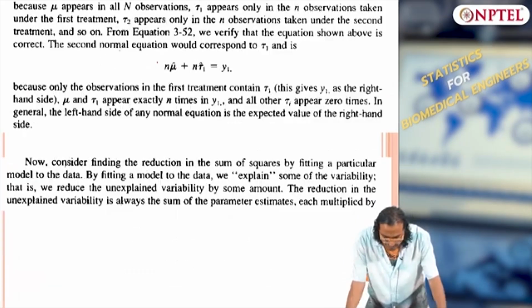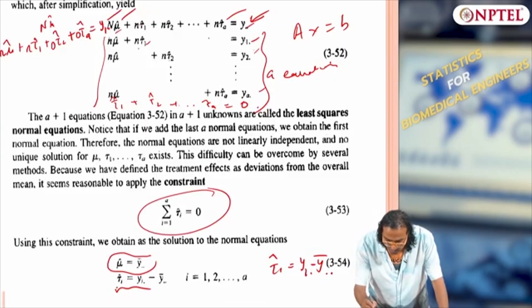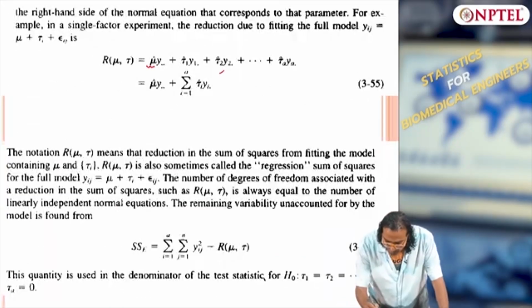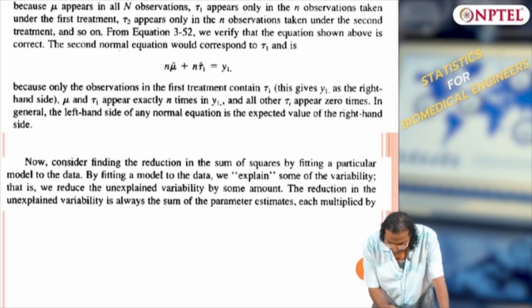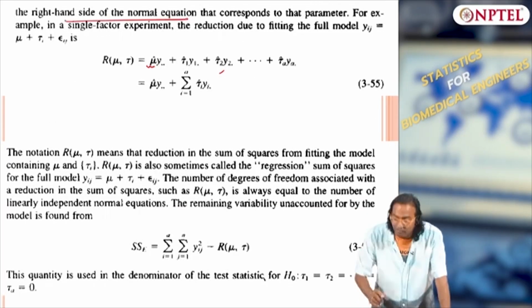So this is the multiplication of the mu hat into y double dot, tau 1 hat into y 1 dot, plus tau 2 hat into y 2 dot, this is the total variance explained, okay. Always it is the summation of the parameter estimates each multiplied by the right hand side of the normal equation.